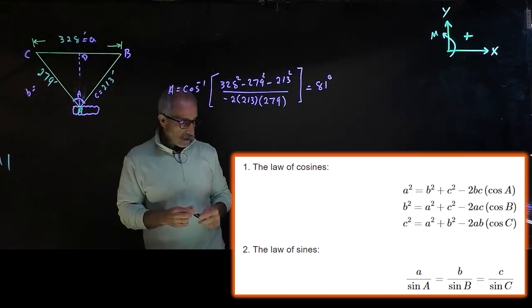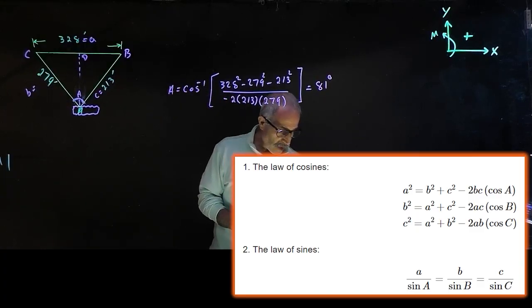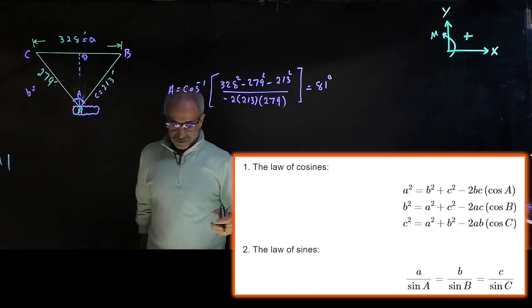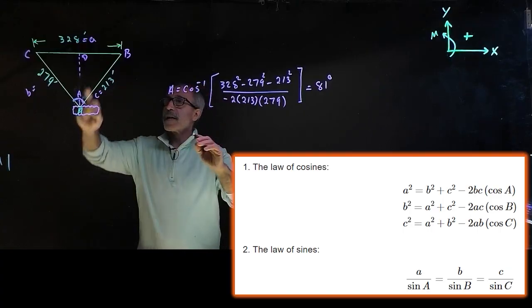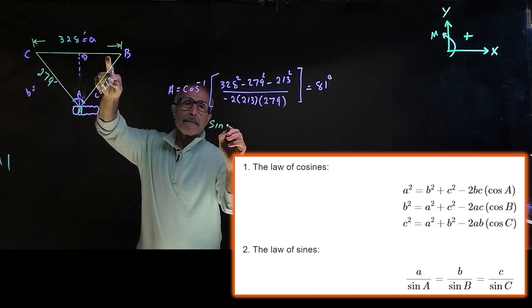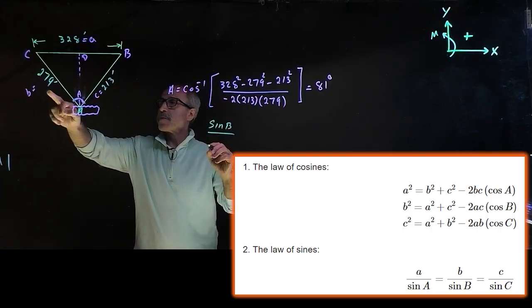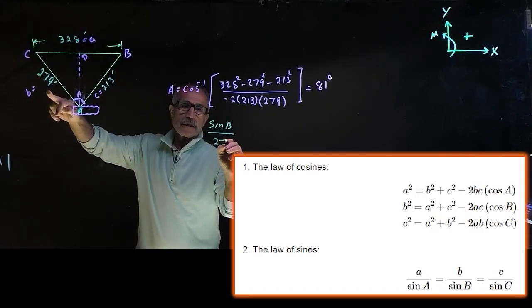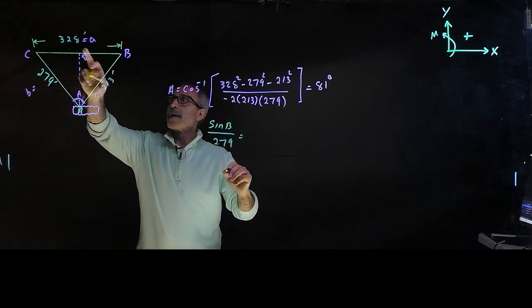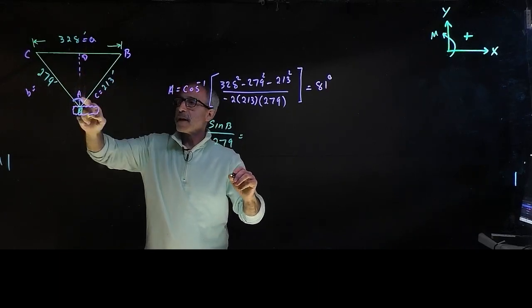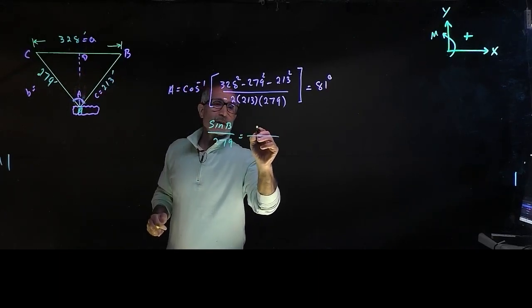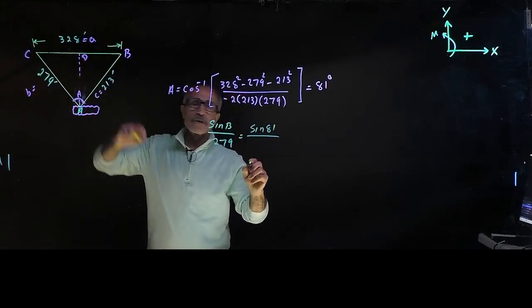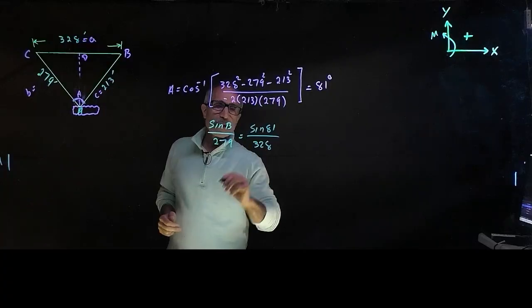Now we have done this. The easiest part is you're going to use the sine law, which is basically sine B divided by opposite, which is B, and B will be 279, equal to sine A, which we already said is going to be sine 81, divided by the opposite side, 328.